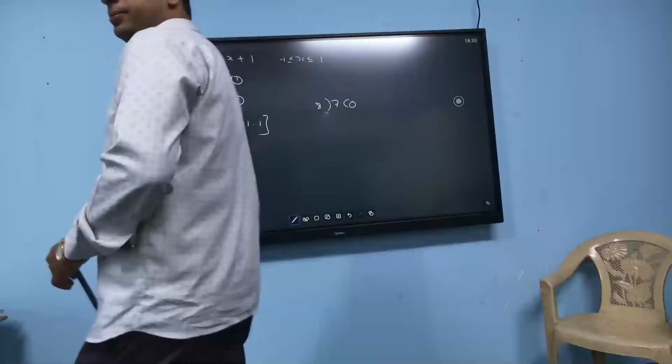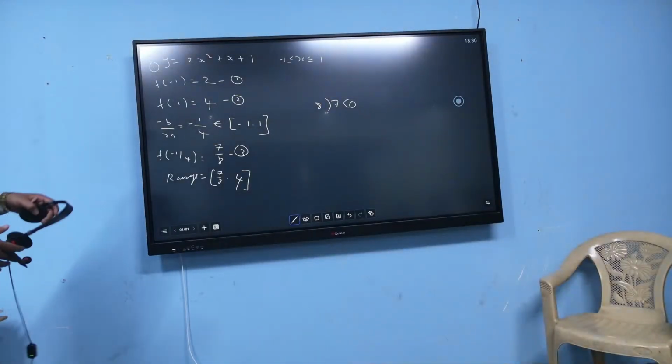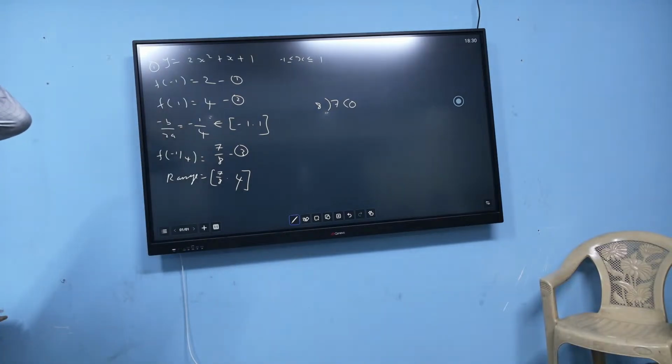सर डाउट है. एक बार गो थ्रू पूरा प्रॉब्लम टाइप 1 टाइप 2, दिस इज द टाइप 4. Go through once.